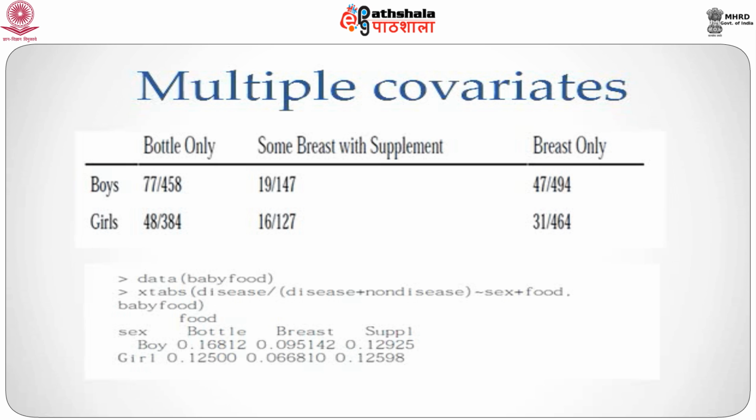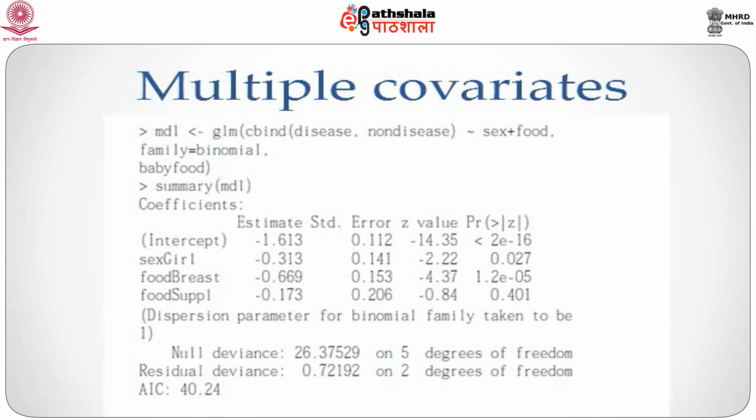Note that this is included in the faraway library in R, and we use the xtabs function to get a table of the data set showing the diseased and the non-diseased in terms of the sex of the child and whether or not they were bottle fed, breastfed, or supplement fed.